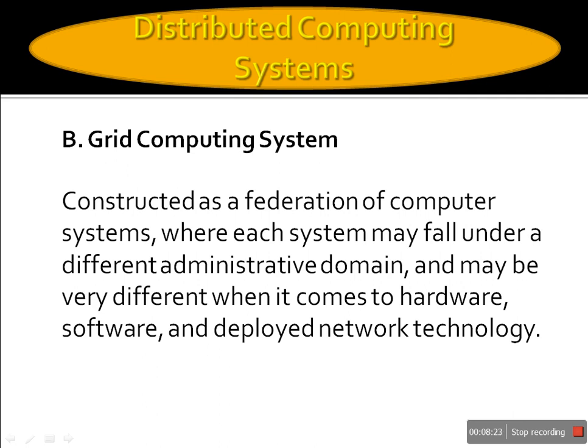They all have the same operating system and are all connected through the same network. In contrast, grid computing systems have a high degree of heterogeneity. No assumptions are made concerning hardware, operating systems, networks, administrative domains, security policies, etc.